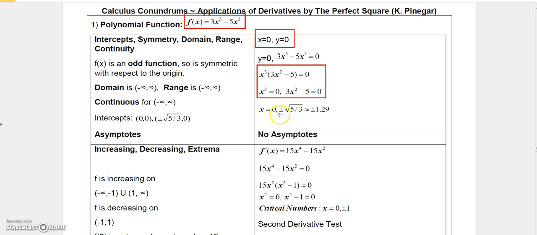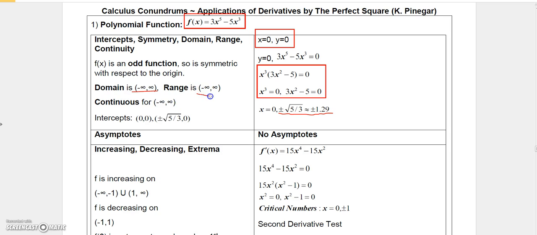Notice I gave you the exact value here, plus or minus the square root of 5/3, and then over here I give you the approximations. That way we know where to put these intercepts when we get ready to graph. Now, the domain of all polynomial functions is all real numbers. And it turns out the range of this function is also all real numbers.